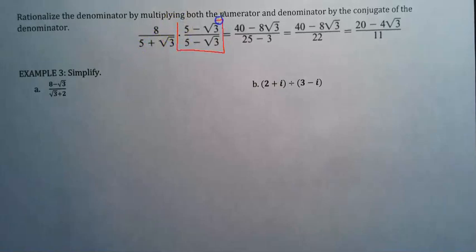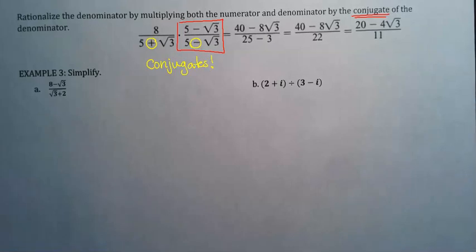We're multiplying both the numerator and the denominator by the conjugate. Hopefully you remember the conjugate is just changing the symbol. Here we had 5 plus the square root of 3, and the conjugate is 5 minus the square root of 3. So these are conjugates, and they apply when we have binomials.